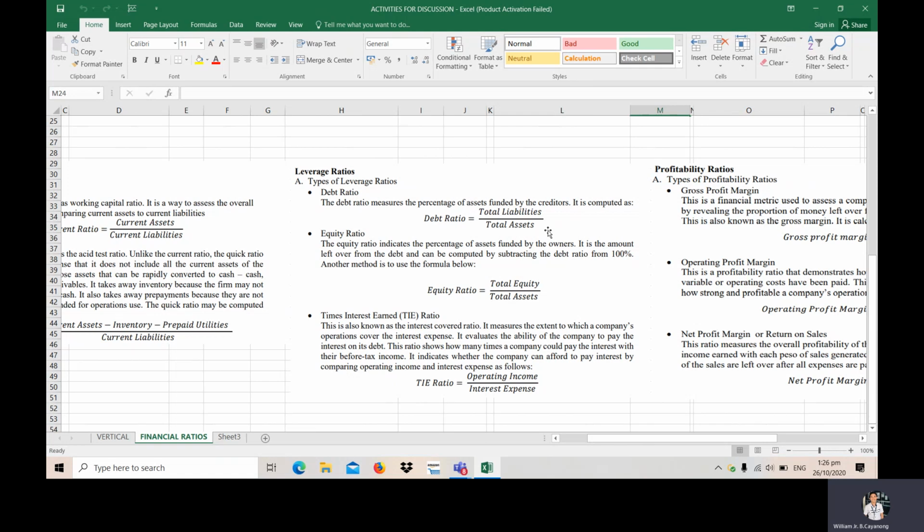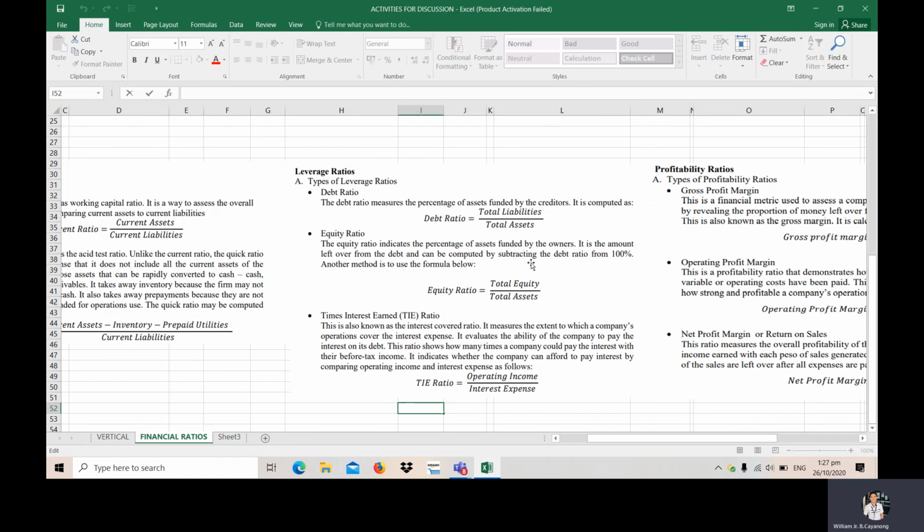We are going to measure what percentage our total liabilities are of our total assets. In here, we could analyze that if our liabilities are lower than our assets, we can say that our company has the capacity to pay our liabilities. Because total assets should really be higher than our total liabilities. Now here, equity ratio. The equity ratio indicates the percentage of assets funded by the owners.